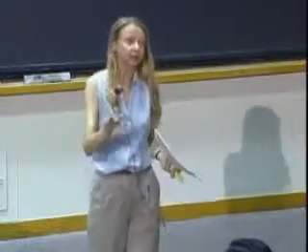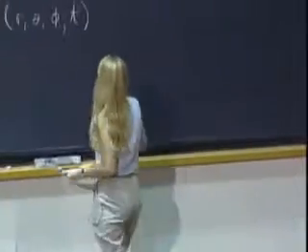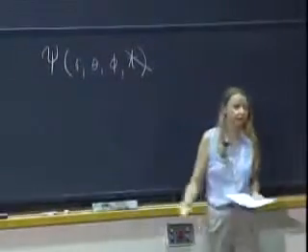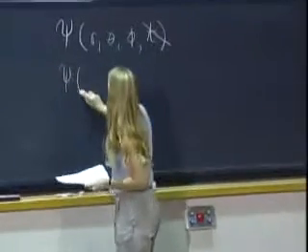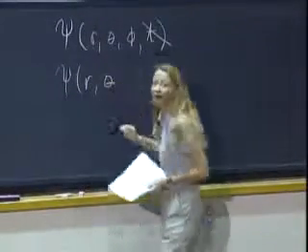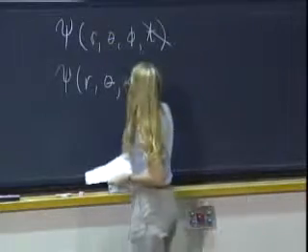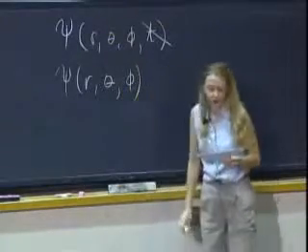And in those cases, we're looking at a wave function and the atom is just stable and sitting there, right? The time dependence doesn't have a consequence. And so the wave functions that we're going to be looking at are just a function of r, theta, and phi.